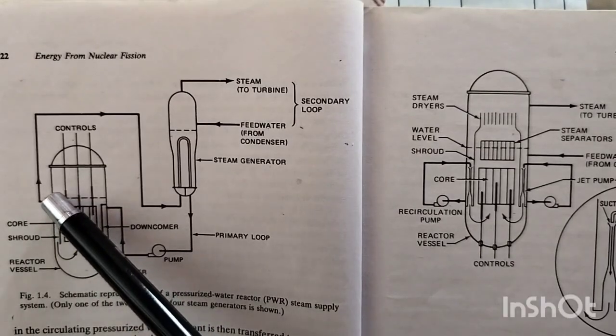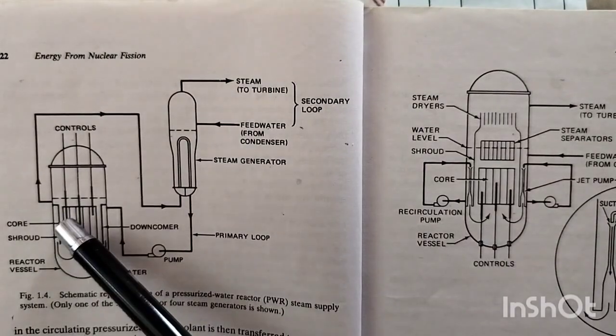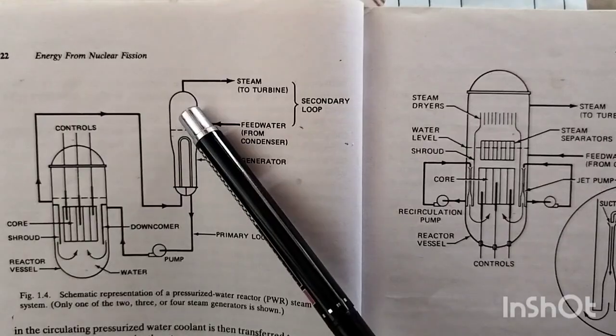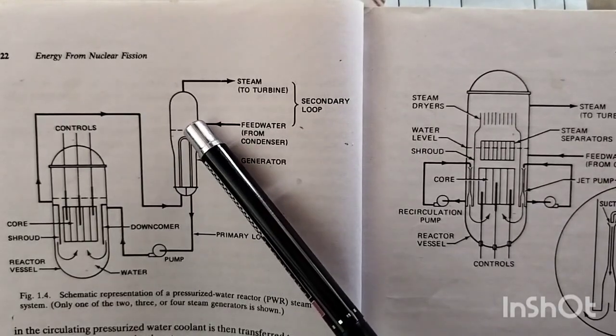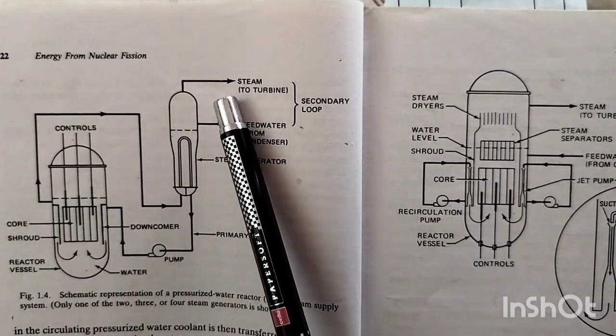When this hot water is coming out, the pressure we maintained is around 15.5 megapascal, and again it is going inside here. The steam generator also maintains a pressure around 7.6 megapascal. After this it is the same.